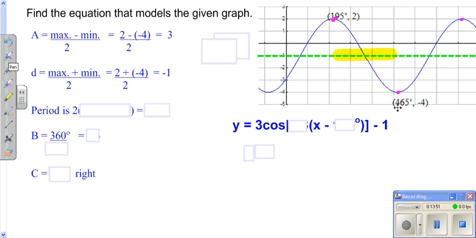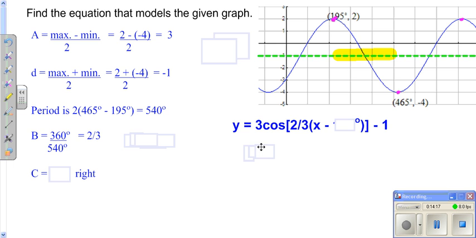So if I go ahead and take my 465 and subtract my 195, that's only half of it. So I need to double that answer to get my full period. So my full period is 540. Your B value is always your normal period of 360 divided by your actual period of 540. You go ahead and simplify that down, you get your B value to be 2/3.